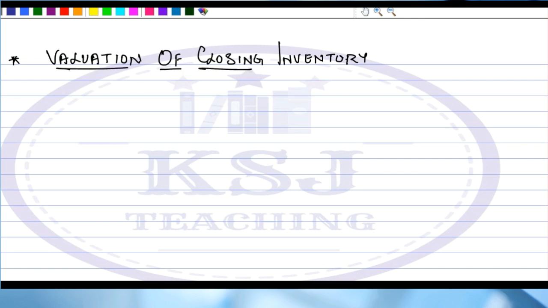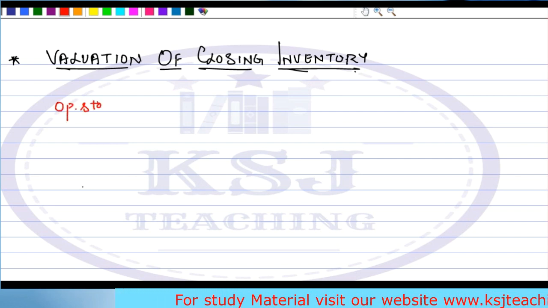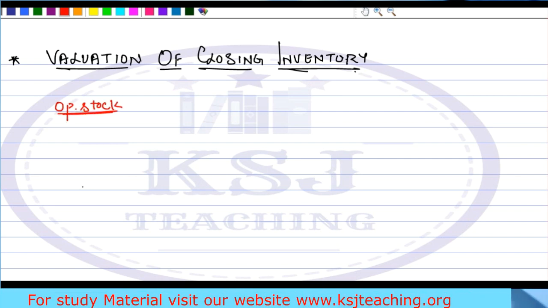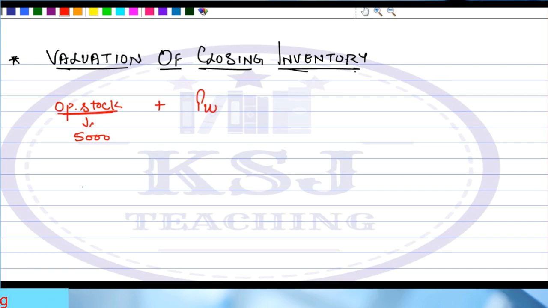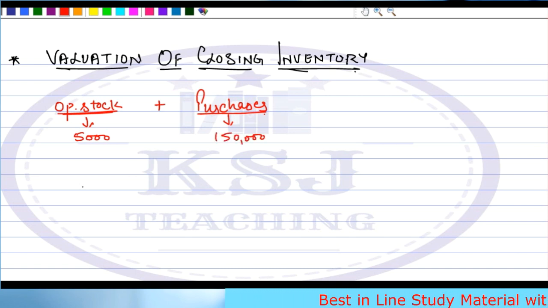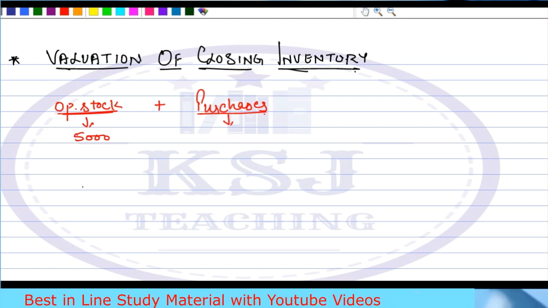Now, what is closing inventory, sir? Say you have a raw material and the opening stock of raw material is say 5,000 units. Then you purchased 15,000 units.